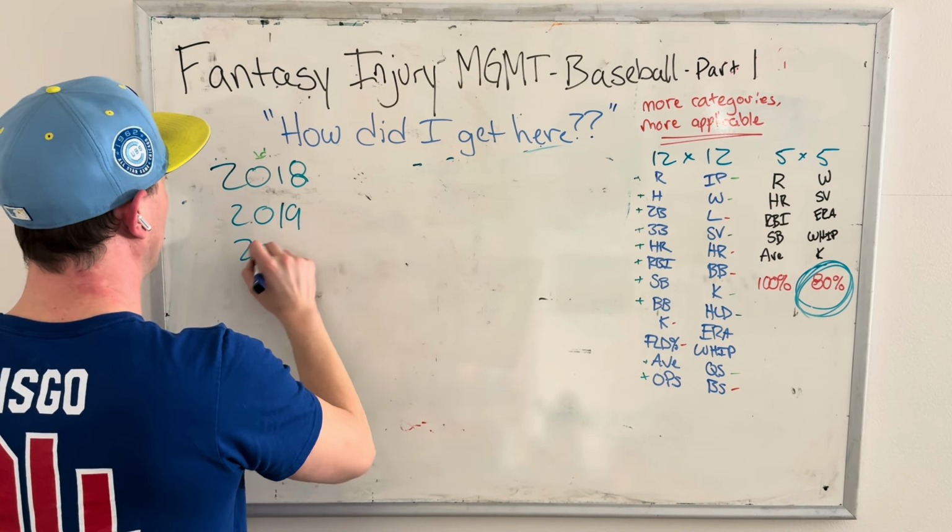So we're going to do pitchers drafted inside the top 10, and pitchers drafted in the top 16. So in 2018, I had 3 out of 10, 3 out of 16.